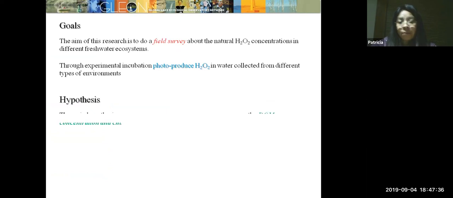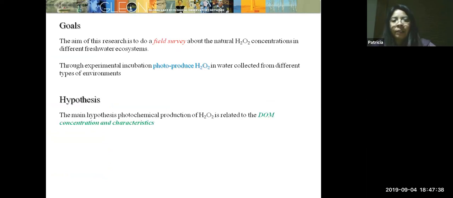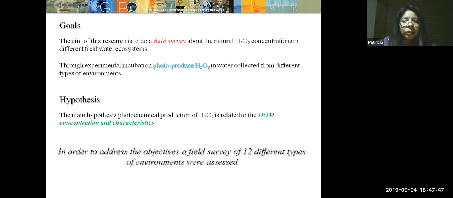One of my hypotheses was that there was a photochemical production and that it was related to DOM characteristics and concentrations. In order to assess these objectives, I performed a field survey in 12 different types of systems.